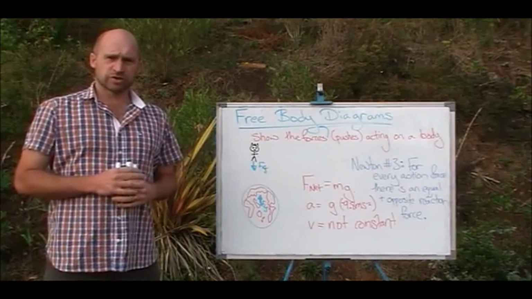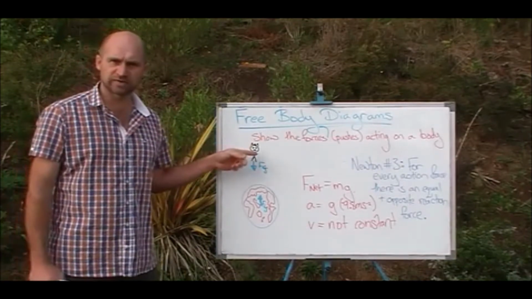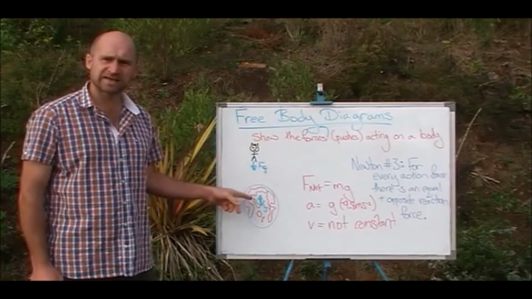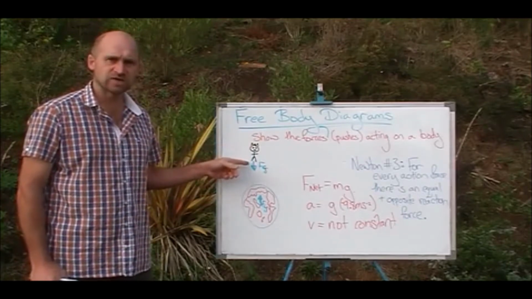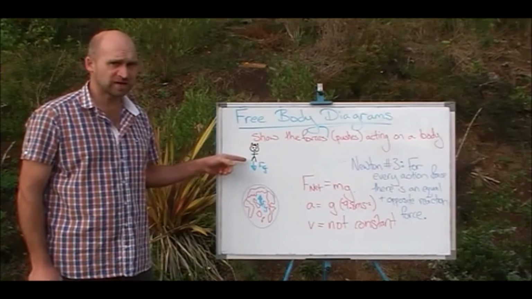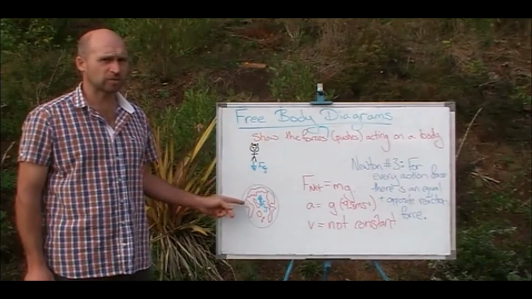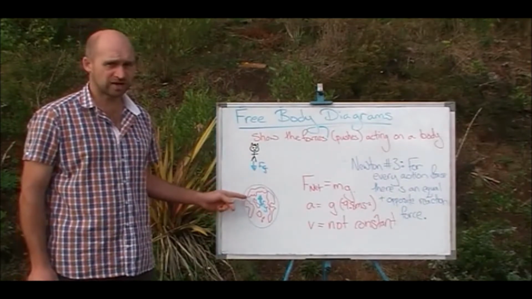So, for Newton's third law, we've zoomed out a little bit to consider our falling physicist and the Earth. And we can in fact see that while our falling physicist experiences a downward force due to gravity, the Earth experiences an equal and opposite force, which is also due to gravity.